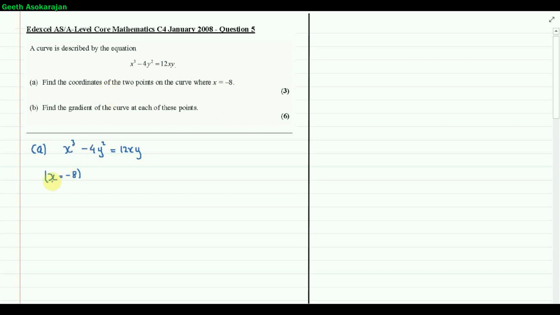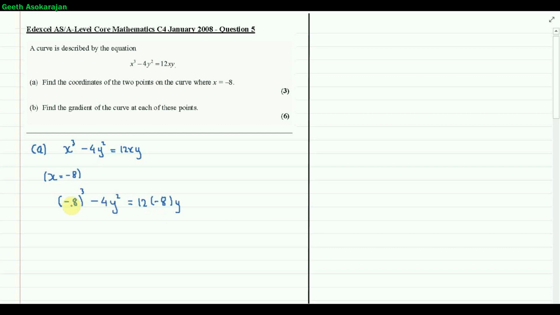So let me simply replace the x by minus 8. Replacing x by minus 8 in this equation, we get minus 8 cubed, minus 4 into y squared, where y is the unknown, equal to 12 into minus 8 multiplied by y.